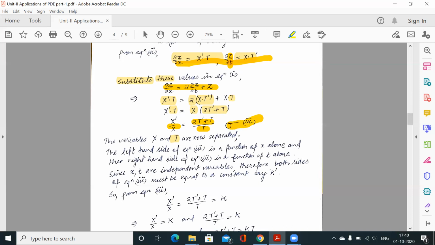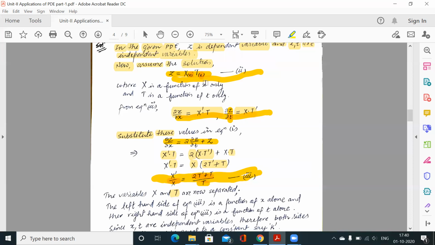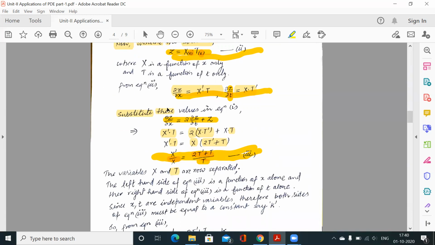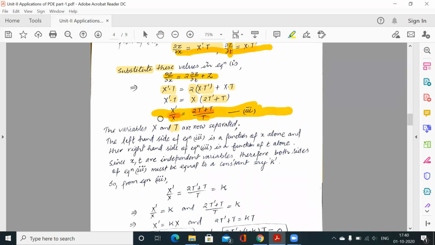So in this way we have got the separation. Clearly in every question you have to follow the same steps. You have to assume one solution, then substitute the derivative values in the given differential equation, and you will always get a separation. So now after separation, you have to solve these differential equations.